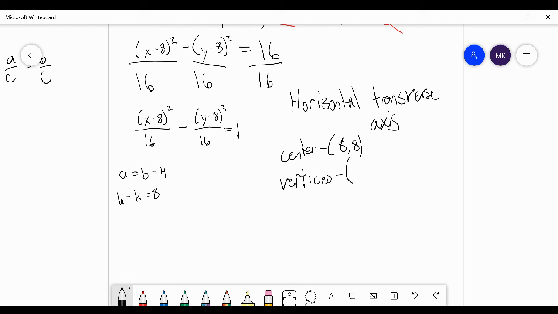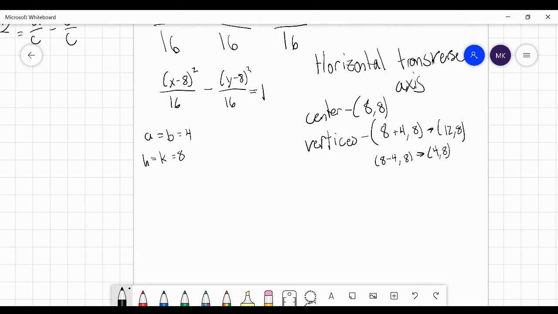Since it's a horizontal transverse, that means we're going left to right, so it is going to be h plus or minus a comma k. So this is going to be 8 plus 4 comma 8, which gives me 12 comma 8. And it's going to be 8 minus 4 comma 8, which is going to give me 4 comma 8. So those are my two vertices.